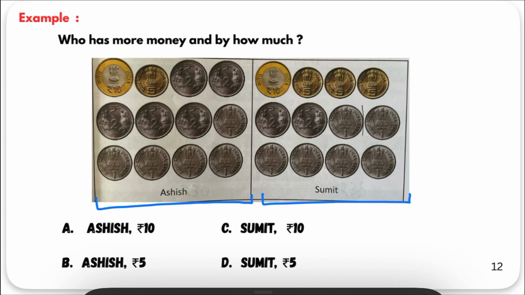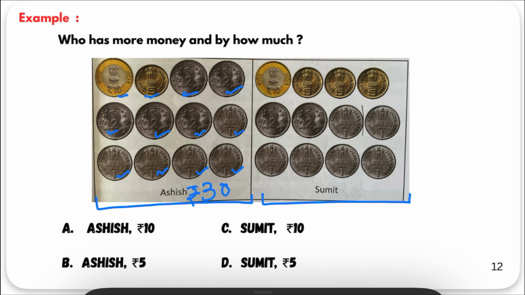Now let's add how much total money Ashish has. 10 plus 5 is 15, plus 2 is 17, plus 2 is 19, plus 2 is 21, plus 2 is 23, plus 2 is 25, plus 1 is 26, plus 1 is 27, 28, 29, plus 1 is 30. So Ashish has 30 rupees.